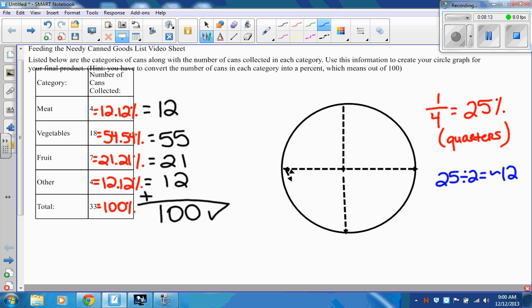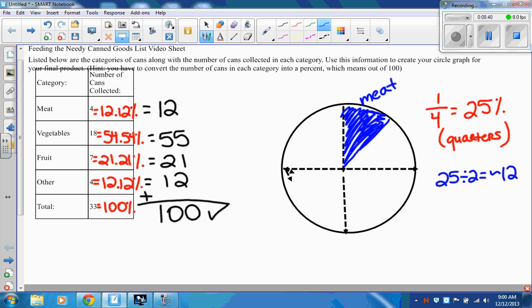But we're going to estimate with our circle graph, and we are going to label half of the 25 representing meat. So you can shade it in a pretty color. You can just write meat. You can make a key and say blue represents meat. This is where you can get creative and make your circle graph your own, however you want to do it.